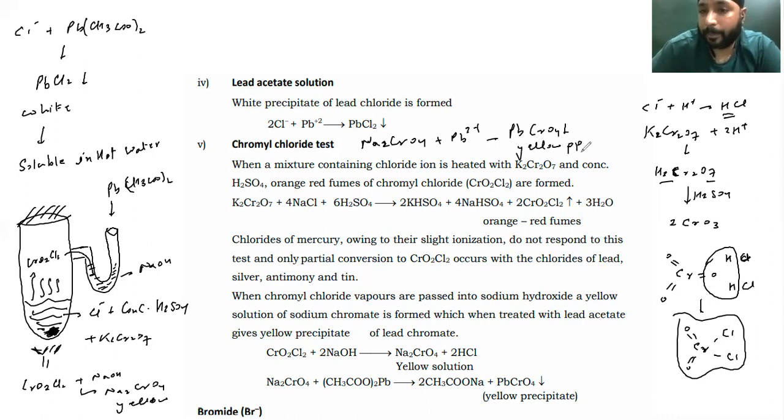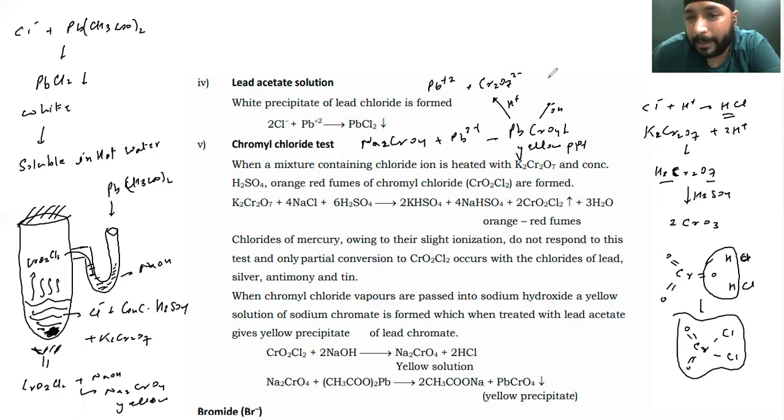Understood? Now, I'm telling you one more time. If you add H plus or OH minus here, this precipitate will get dissolved, because chromate in acidic medium becomes dichromate, and lead dichromate is not at all a precipitate.